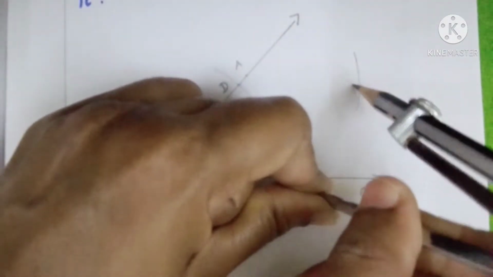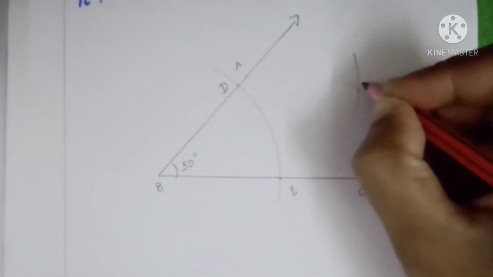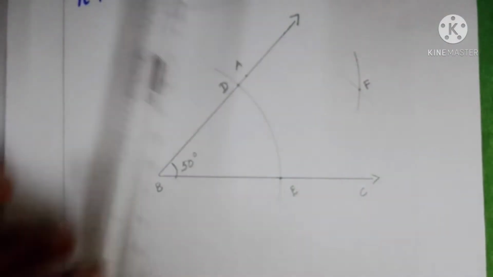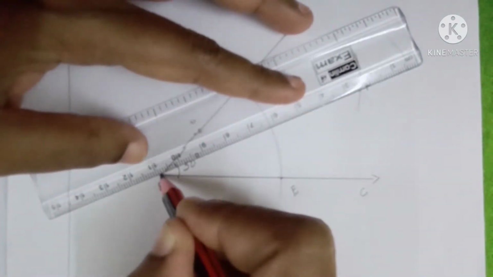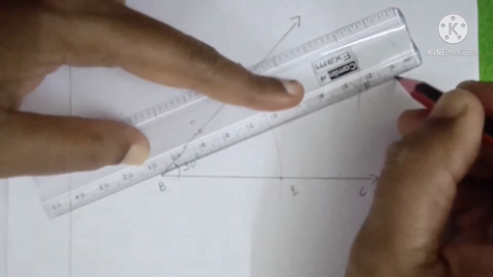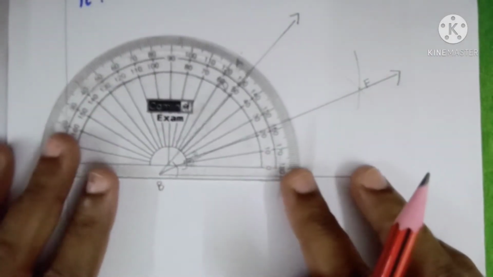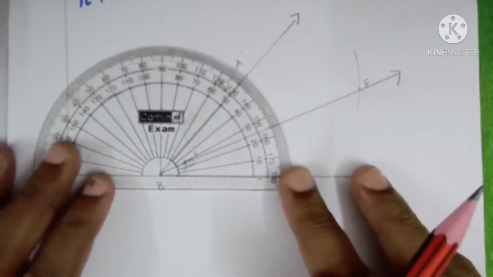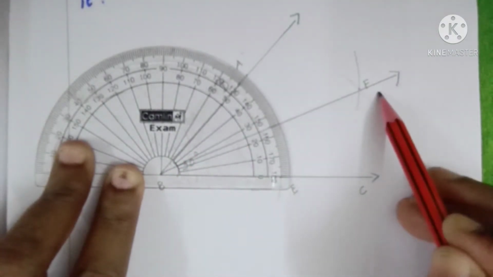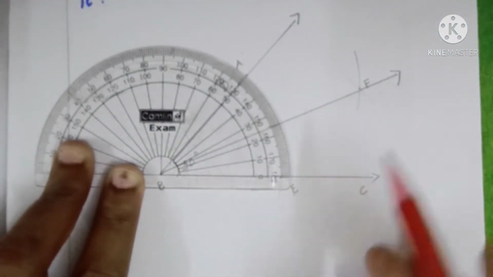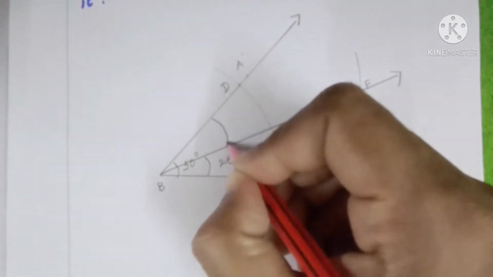It cut the previous arc at F. Now join B and F. Now we get angle ABF and FBE is equal to 25 degree.